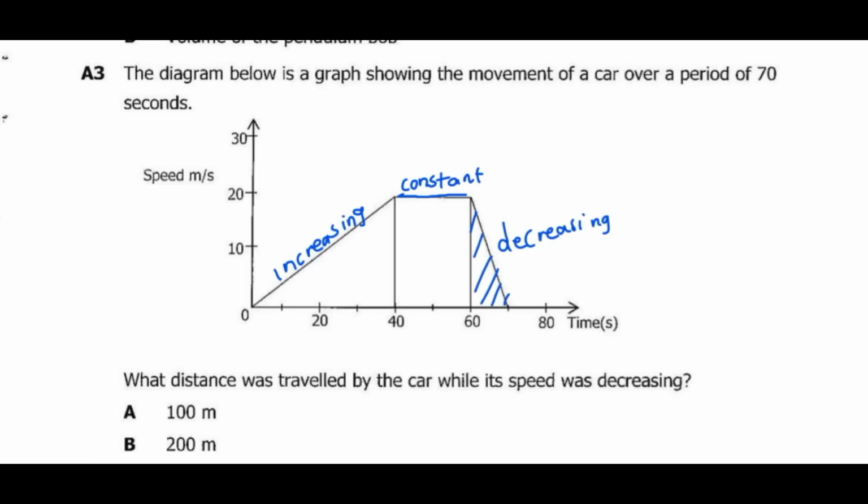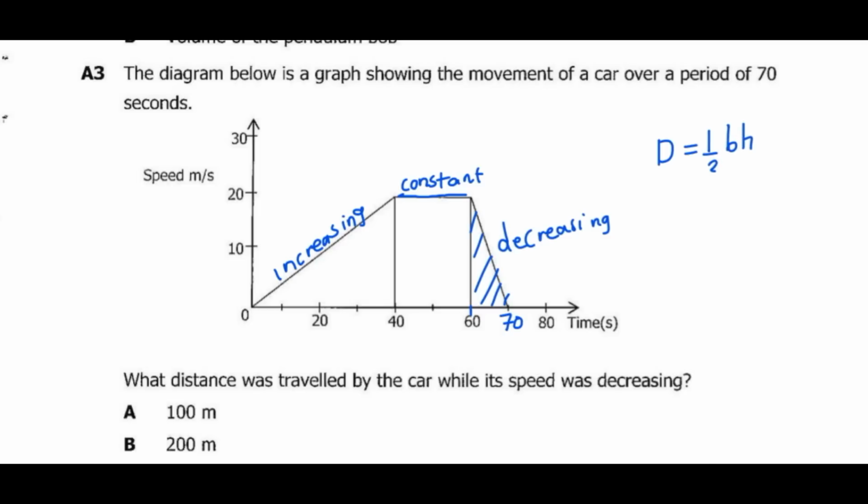Now let's go back to the question. The diagram below is a graph showing the movement of a car over a period of 70 seconds. So if this is our 60, then here is our 70. Now how can we find the distance? We know that the shape that we have here is a triangle, and a triangle is given by this formula, half BH.